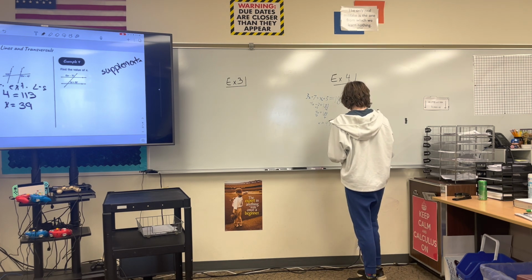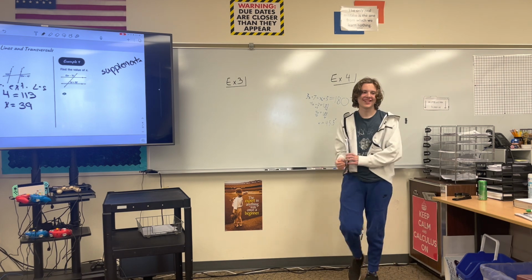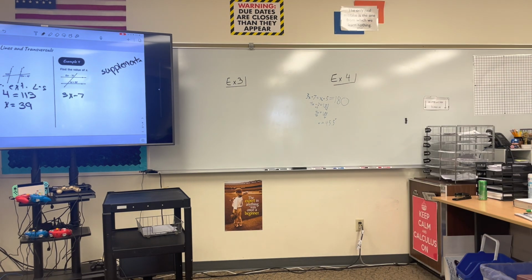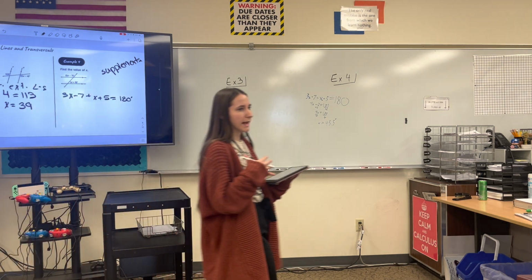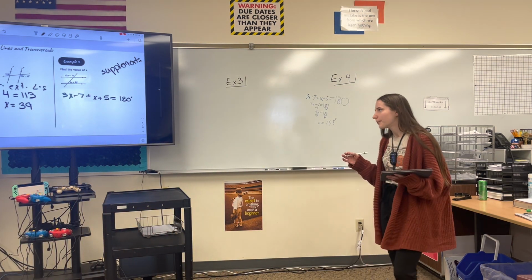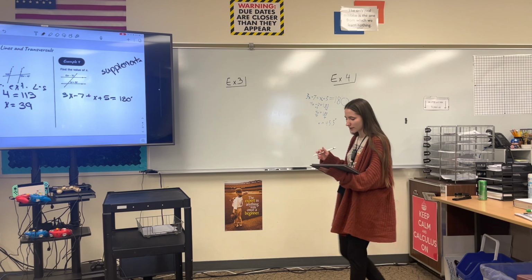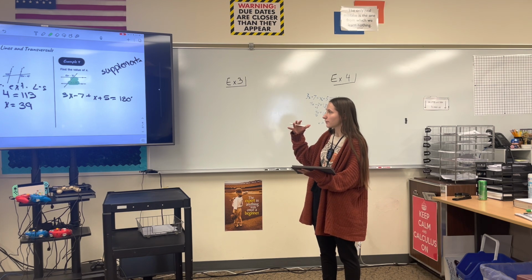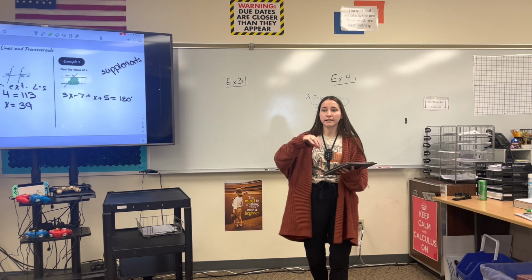Awesome, so when we're looking at this one, we did 3x minus 7 plus x plus 5 is equal to 180. When I originally looked at this one, it's a little bit tricky because it might look like we know an exact relationship, but actually we have to use two. The two that we're using here are this angle, our x plus 5, and the angle right above it, which would be corresponding interior angles.